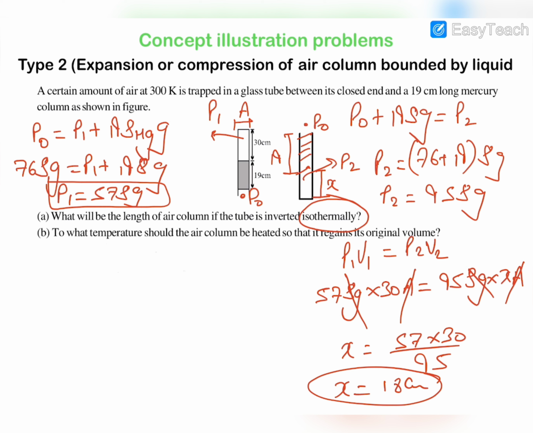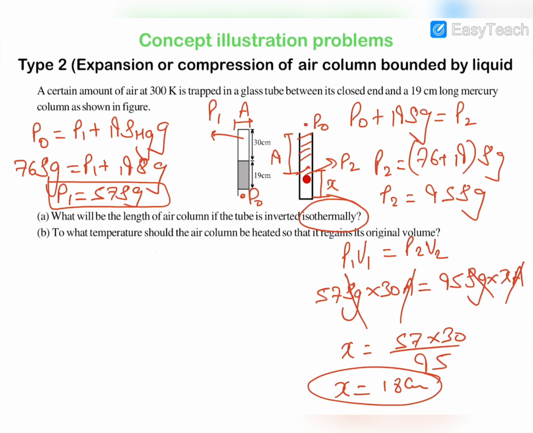In the second part, we ask to what temperature we should heat the air column again so that it regains the original volume. You should always note that when we again heat this air column, the mercury will slowly rise up and the air column will slowly expand.